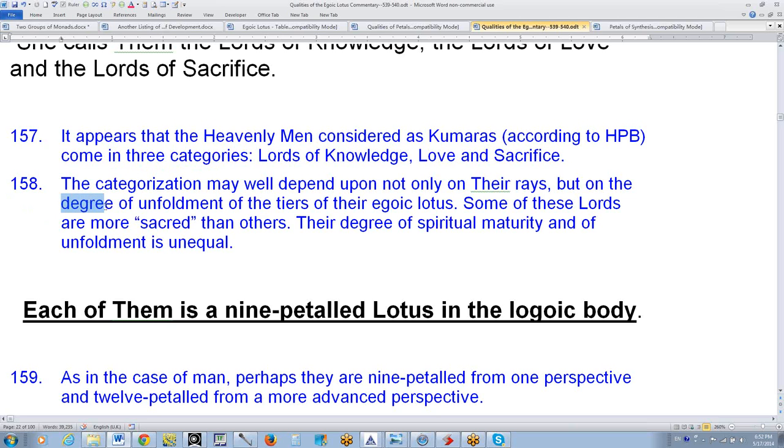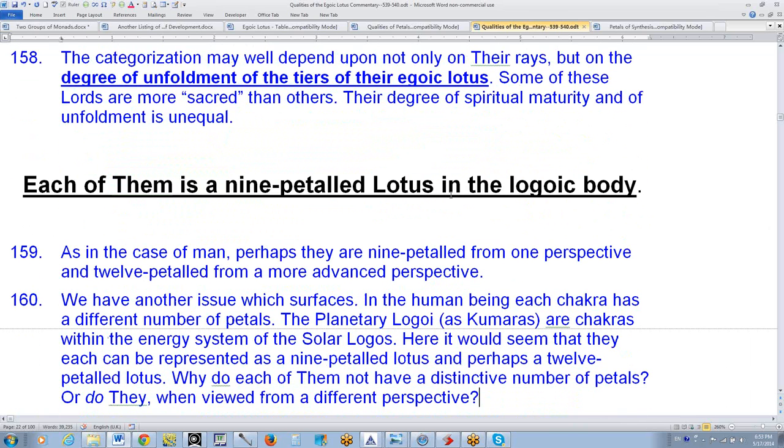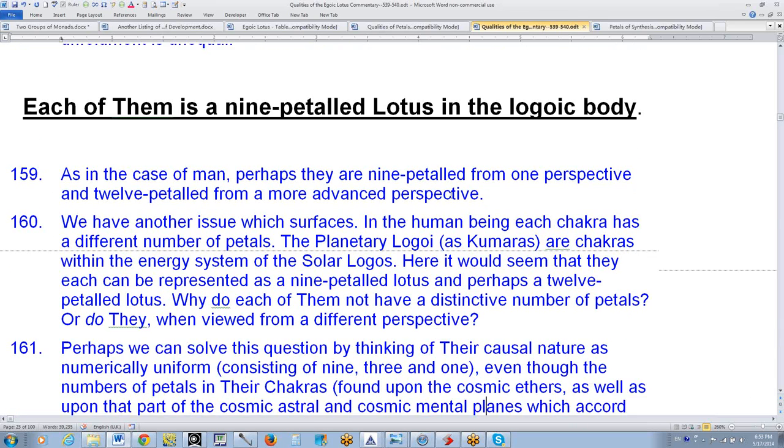And I think that's very important, whether they are lords of knowledge, lords of love or sacrifice, because they have similar petals to what we, the microcosm, have. Some of these lords are more sacred than others, and their degree of spiritual maturity and of unfoldment is unequal. So each of them is a 9-petaled lotus in the logoic body, and more than 9, really, just the way man is more than 9.